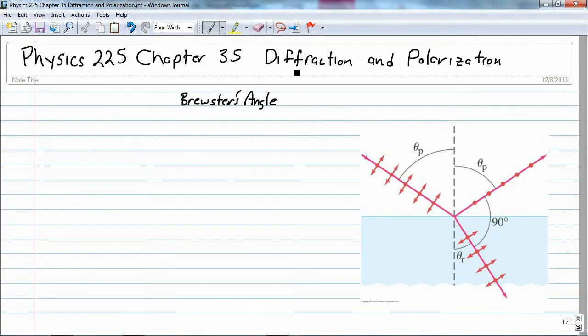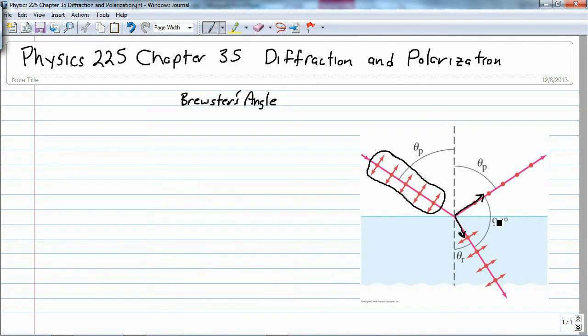When we have a light ray that is transmitted towards a boundary, it's traveling towards a boundary, and here the electric fields are all in all sorts of directions. But when the refracted ray and the reflected ray are 90 degrees from each other, then the light that's reflected becomes polarized, and all of the light electric fields go parallel with the surface.